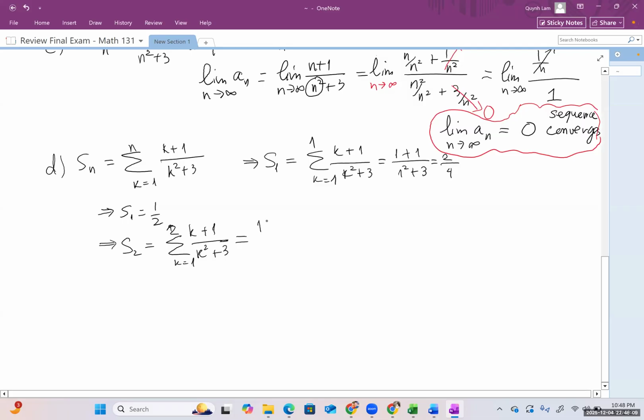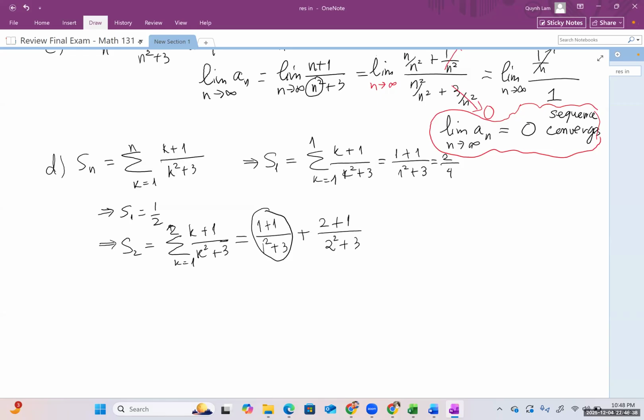So it's going to be 1 plus 1 over 1 squared plus 3 plus 2 plus 1 over 2 squared plus 3. So you can see what happened in here is this guy actually is our S1, which is 1/2, adding with the new guy.